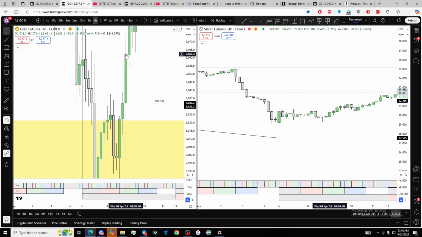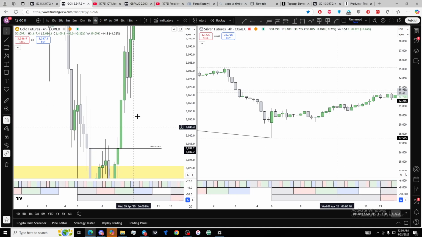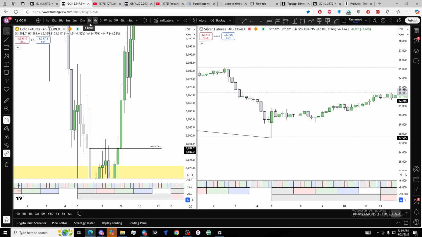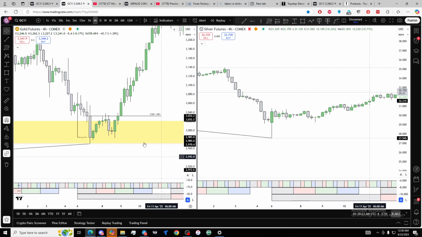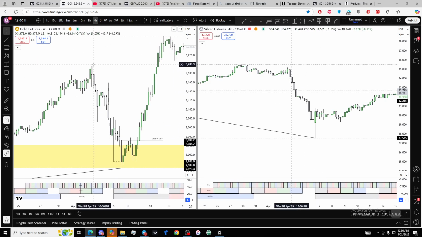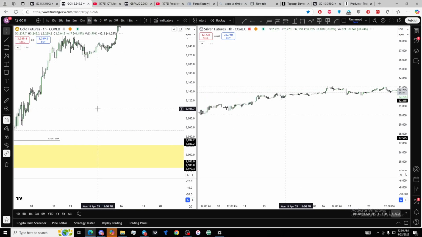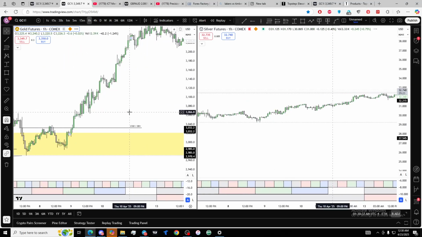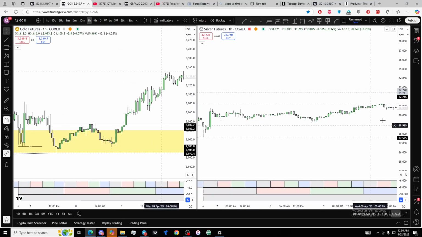I was like, okay, I don't see it retracing down here anytime soon, so let me just go on the 1 hour and see if I can catch some SMTs. As it's buying up, I do believe it's going to take out the external liquidity high, which it did. But when price was here, I said I want to go on the 1 hour and see if I can find a trade. So let's go on the 1 hour.